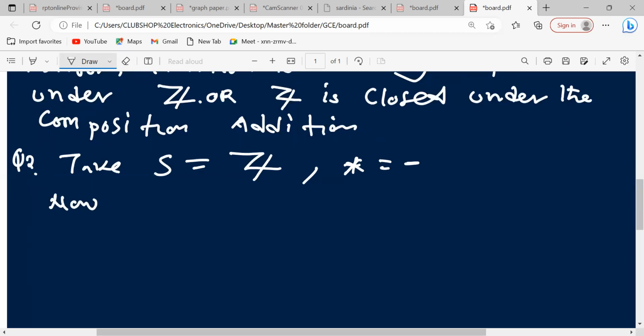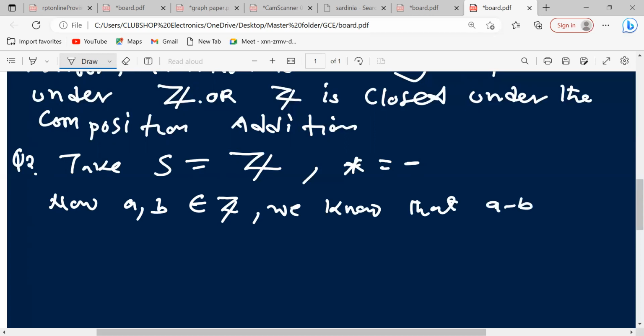Now, if we take A and B as elements in Z, we know that A minus B will always be an integer.